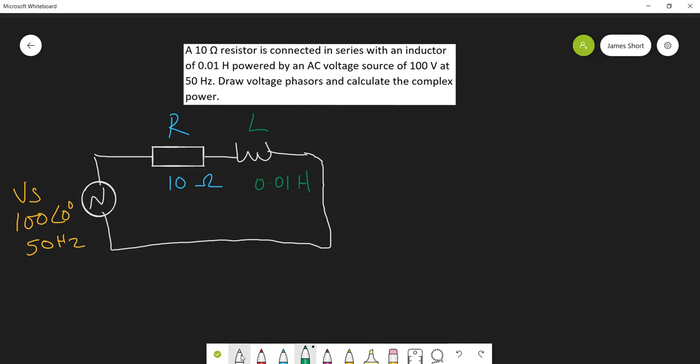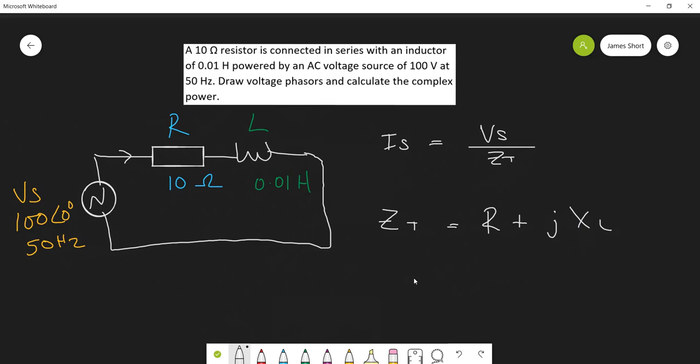Alright, so what we should do is calculate the total impedance first of all, because what we want is the supply current. And supply current is calculated by the supply voltage divided by the overall impedance of the circuit. So we need this overall impedance, and for an RL circuit the impedance is equal to the resistance plus the impedance of the inductor, which is jXL.